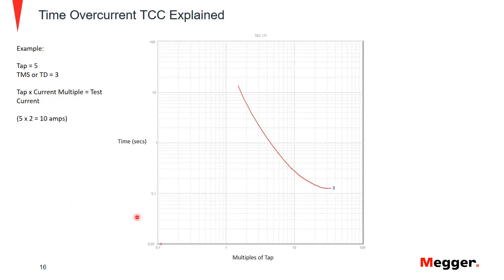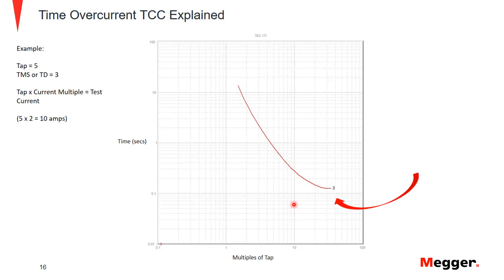If you see on this graph, we also have the time in seconds or cycles. A lot of times you'll have seconds on one side and cycles on the other. Then we're also going to have a multiple of taps. This will be a multiple of our tap setting that we're going to use to find the time that's inversely proportional to current on this graph. So if we came in here, the first thing we need to do is know what time dial we're on.